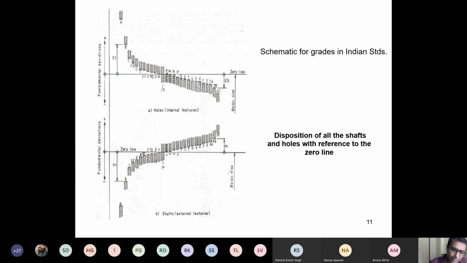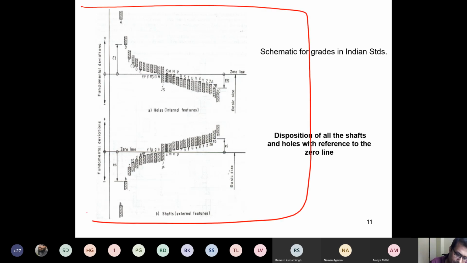So this is what I was talking about. These are the schematics of grades. This is very clear.